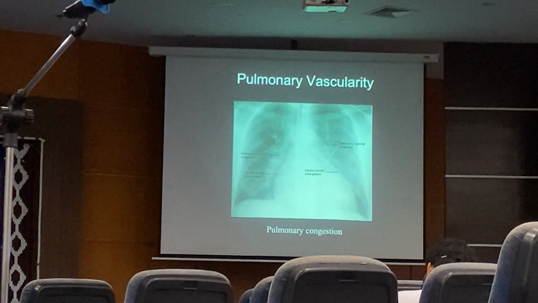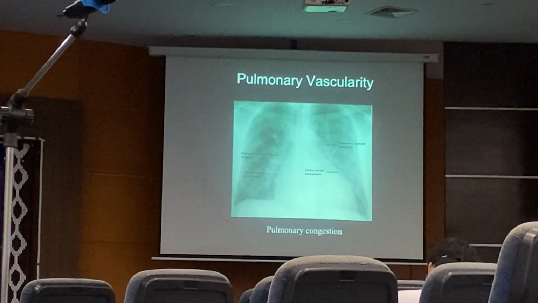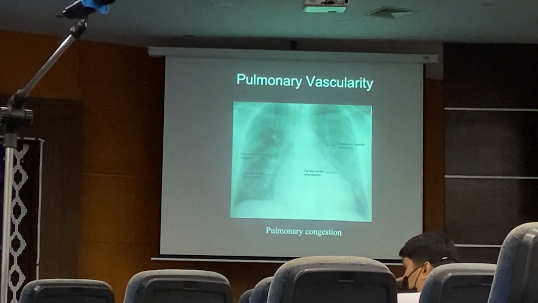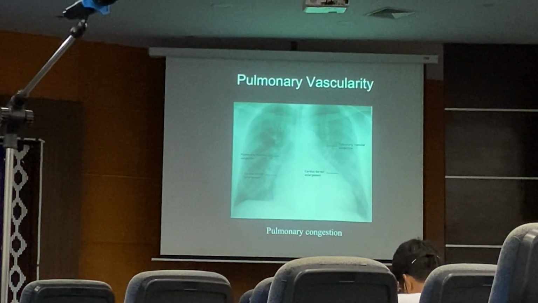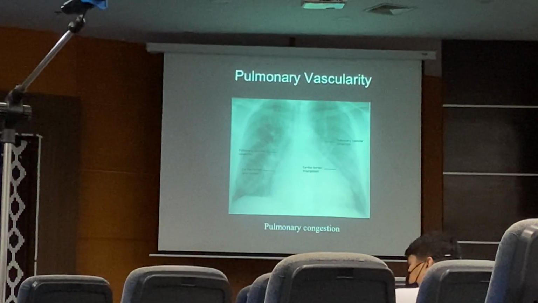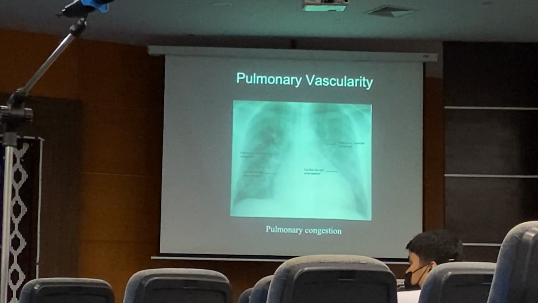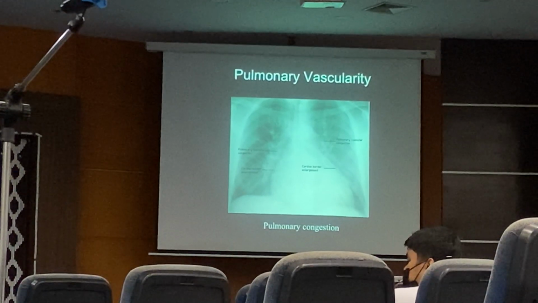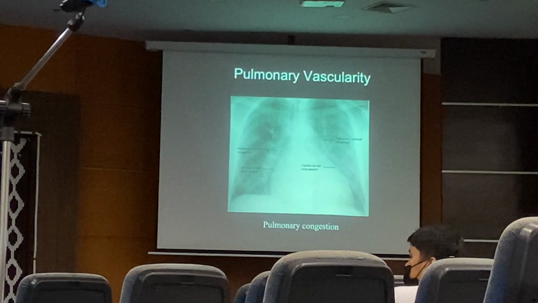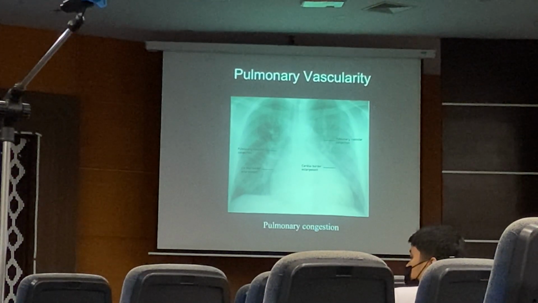So here is a case of a patient having a pulmonary congestion wherein your heart is enlarged. You have a left ventricular enlargement, and the central pulmonary vasculatures are prominent and dilated as well. So you have a certain degree of haziness at the paracentral area. So you can also determine what type of pulmonary congestion and the disease entity that is related with the pattern of your pulmonary congestion.